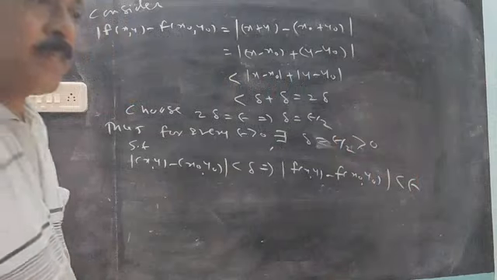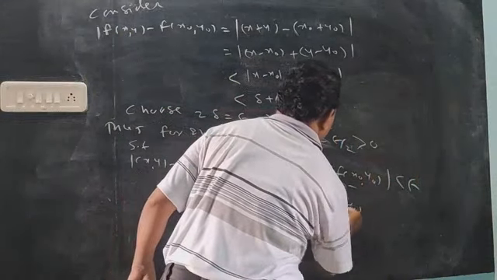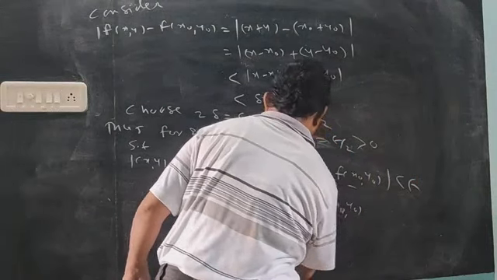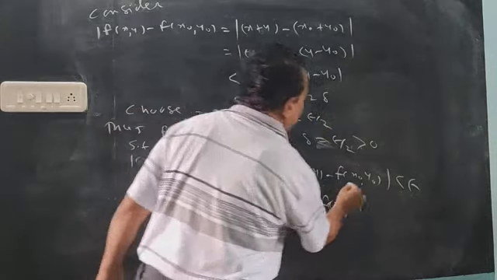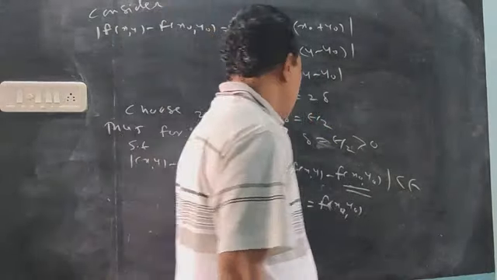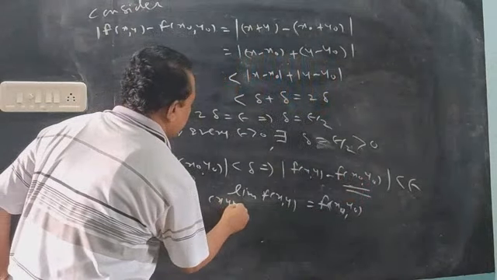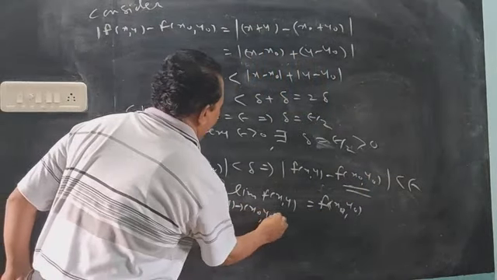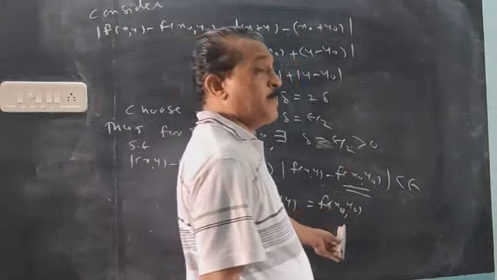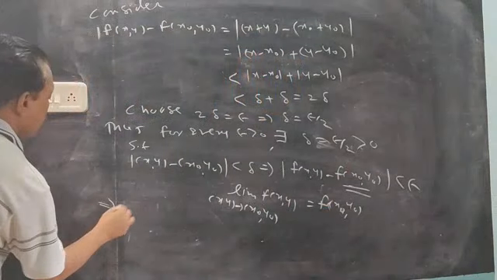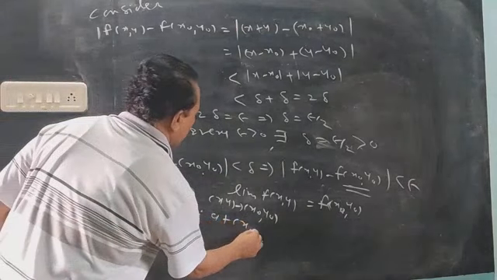That f of x0 y0 is the limit of the function, and it remains as it is. So the limit of the function equals the value of the function is what? Continuity. So this is continuous at x0 y0, at a single point.